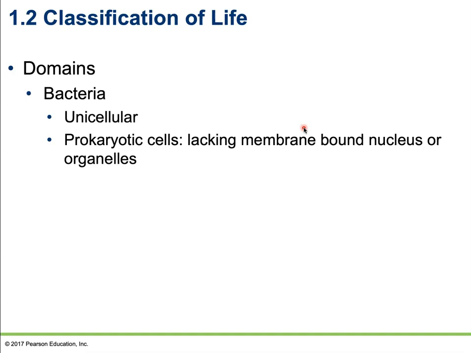If you remember from a biology class that you may have taken in high school or middle school, you may have seen the structure of a cell, and you remember all those little organelles that are found in there: the nucleus, the mitochondria is the powerhouse of the cell, the Golgi bodies. All those little organelles are not going to be found in a prokaryotic cell. So prokaryotic cells lack a membrane-bound nucleus and organelles.